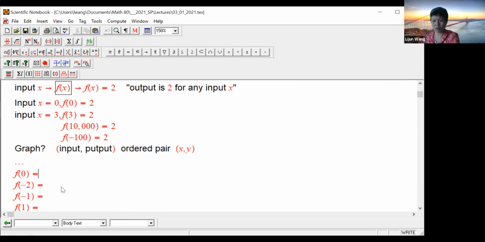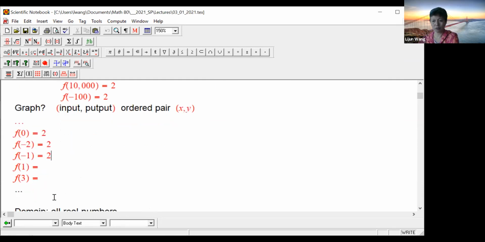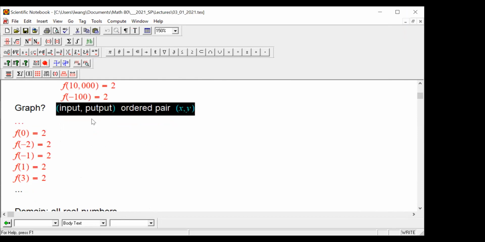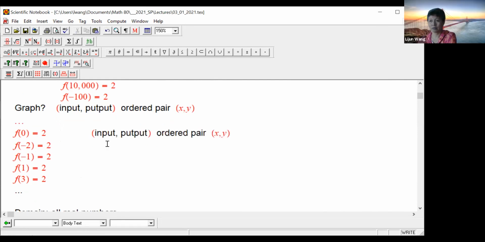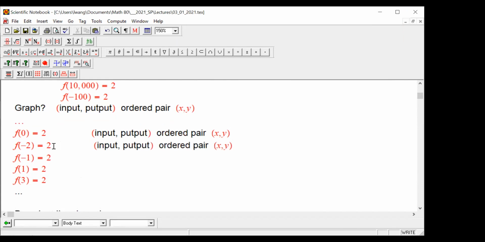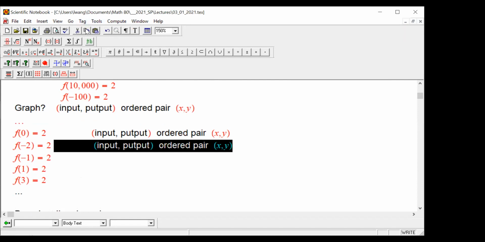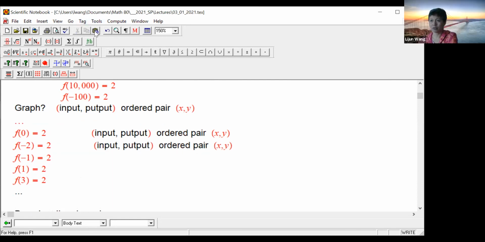This output will be 2, right? This output will be 2. This output is 2. If we do the input, output ordered pair, what do we get? 0, 2. That's right. You're going to get a bunch of points.